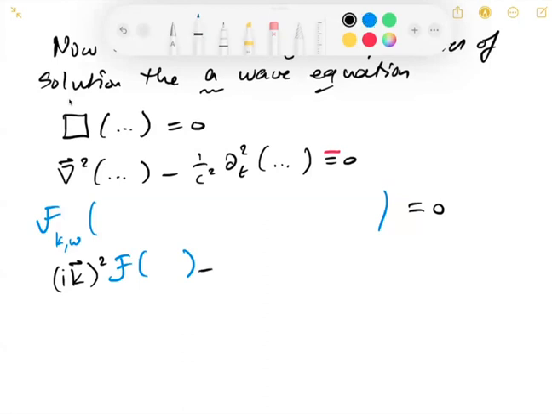Okay, minus, and then there's a 1 over c squared. And now our del t is going to become an i omega, and I believe there's a minus i omega here. And we square it, but because I can never remember which one has the plus and which one has the minus, this is a thing for your cheat sheet. It's also a little bit of a function of convention. Doesn't really matter. And we're taking the square here anyway, so it's fine.